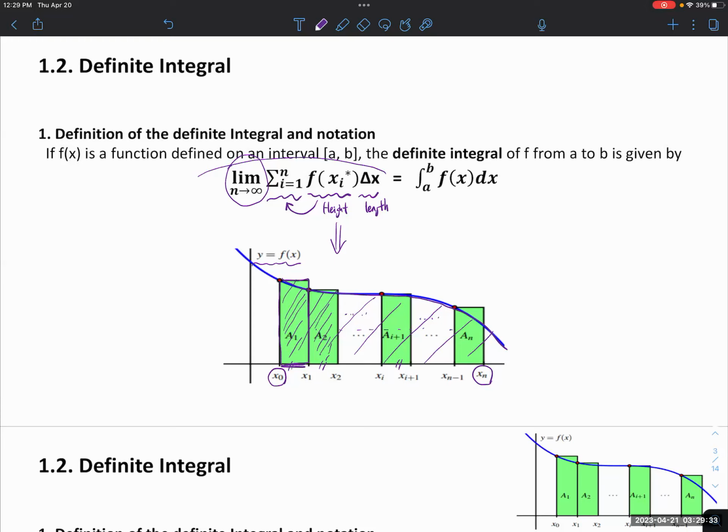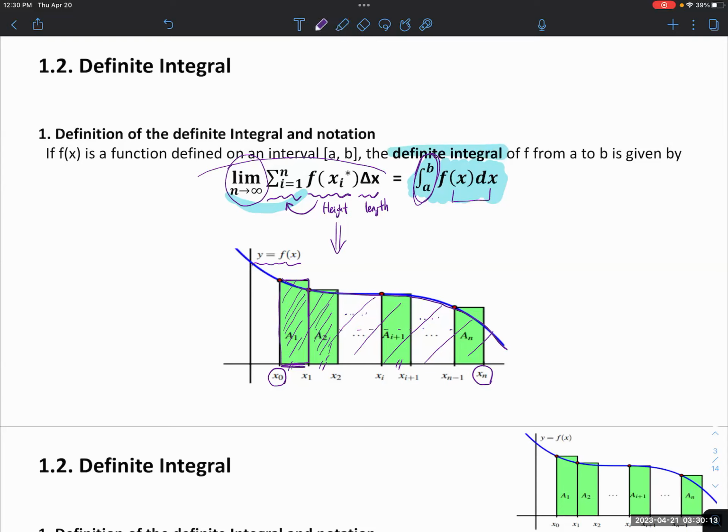In modern math, we are using the integral. The limit and summation notation is too long, but we know what they mean. The integral simply indicates that we are adding the summation of the rectangles by height times length, and we assume there are an infinite number of rectangles. That's what the integral implies. We're going to use this integral, and we call this the definite integral.